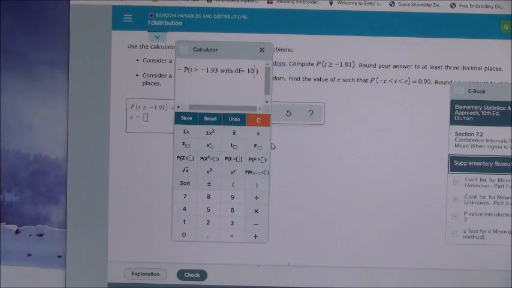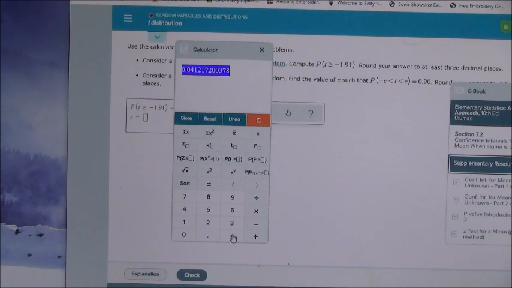So just keep in mind that because this is a greater than, if I want the less than, I have to do 1 minus that. If I hit equal, you can see I got the same answer as I got on my graphing calculator. Rounding that off to 3 decimal places, I'd have 0.041 for my answer.